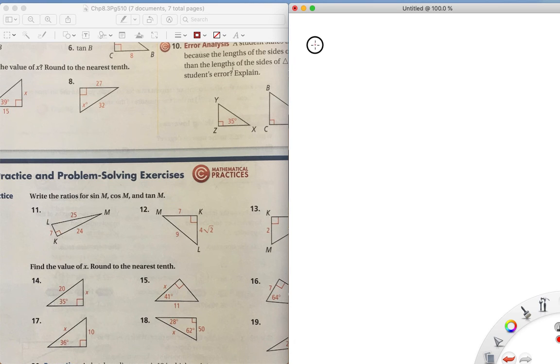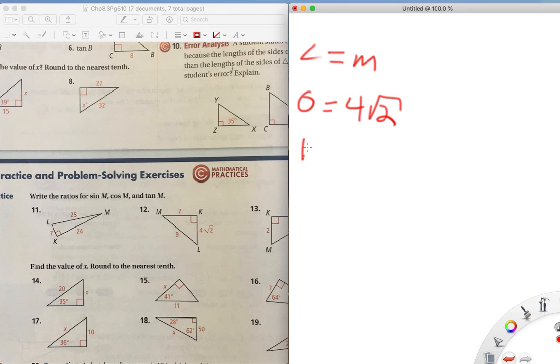So my angle is still m. Opposite of my angle m is 4 times the square root of 2. And again, I'm going to write O for opposite. The hypotenuse is always opposite of the 90 degree angle. This is the symbol for 90 degrees.